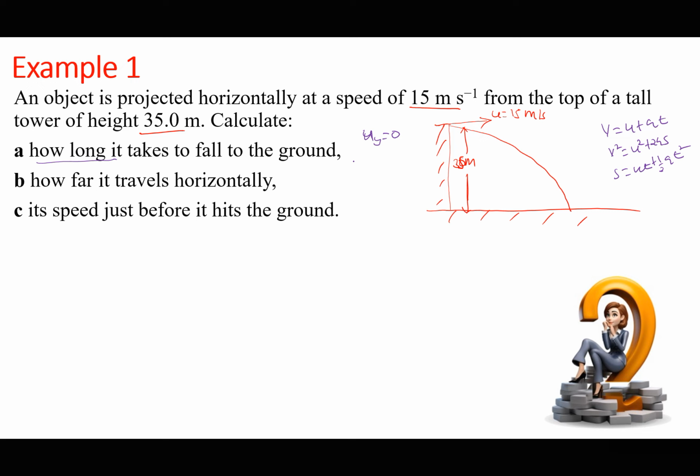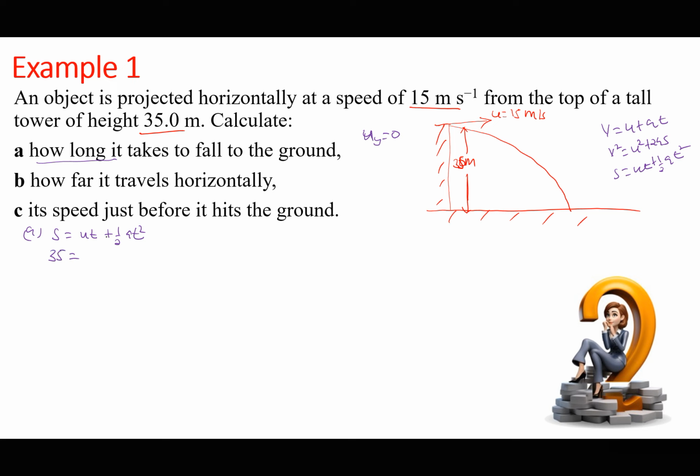So in part A, I could use S equals UT plus a half AT squared. S is going to be 35 because the initial direction of motion is downward, so it is 35 positive.